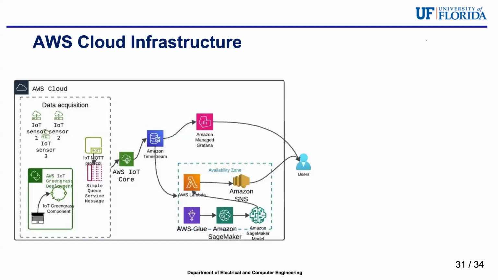Once this microservice finds combinations coming from Timestream that are responsible for faulty signals, it sends a message to Amazon SNS, the Simple Notification Service. That service handles the email protocol for sending an email to the user. So that's the overall process involved in the cloud infrastructure.